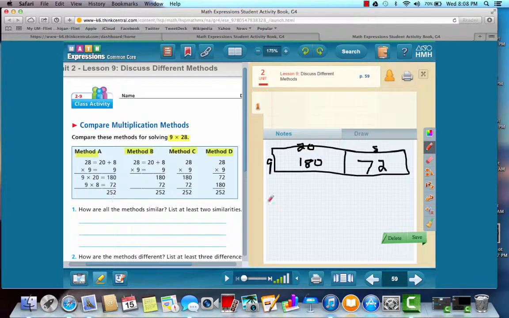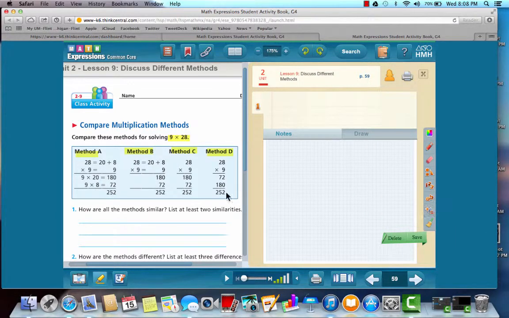The difference between that and method B is that they are taking the same expanded 20 plus 8 times 9. They're using the exact same method, but instead of showing you the work right here, they're just understanding that is there.